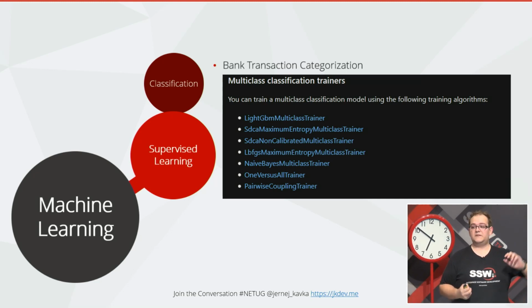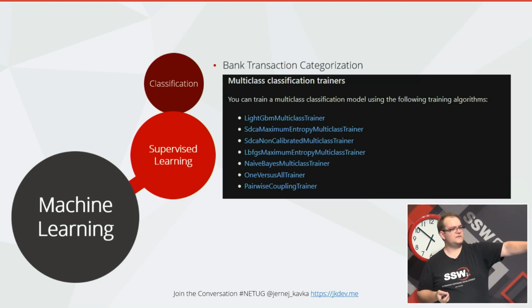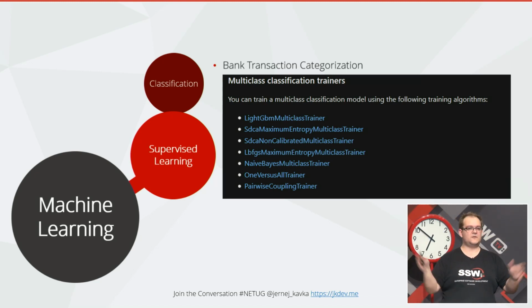So if you learn for each individual trainer which kind of data they're best for, you could just go through all of them and say, this one seems to be the best one. But in reality, it's also a little bit of trial and error. Say, okay, two of them are good for big data, but I'm not sure what they mean by diverse data, so I'll try both and see which one gets me better results.